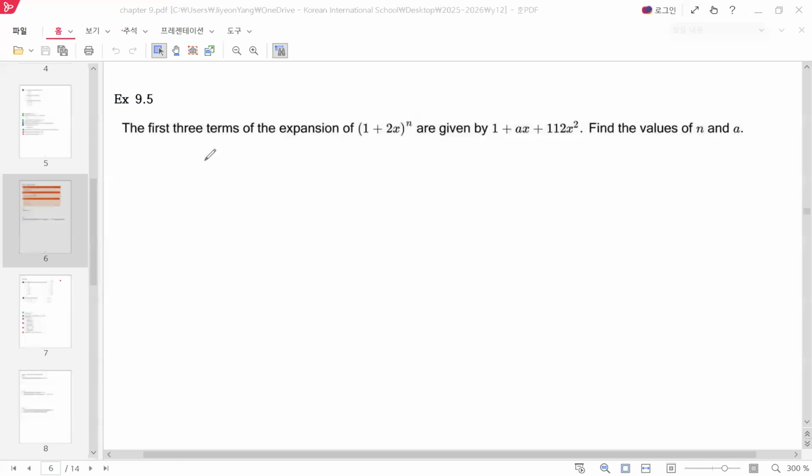Okay, exercise 9.5. The first 3 terms of the expansion are given in this way. Find the value of n and a. Okay, students, let's distribute this one first. So, n combination 0, 1 to the power of n, and 2x to the power of 0, plus.